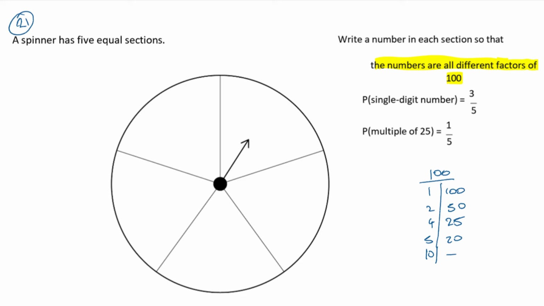Right, second thing. The probability of a single digit number is 3/5. So that means I'm going to have 3 single digit numbers on my dial and 2 double digit numbers. So 3 singles and 2 doubles. And the probability of a multiple of 25 is 1/5.